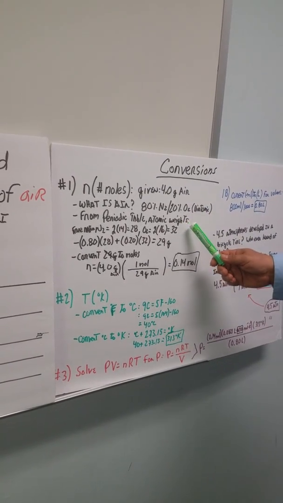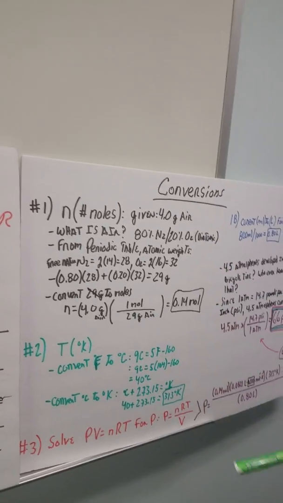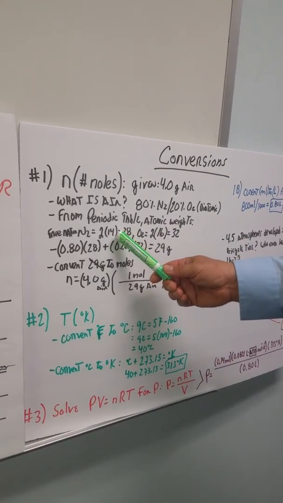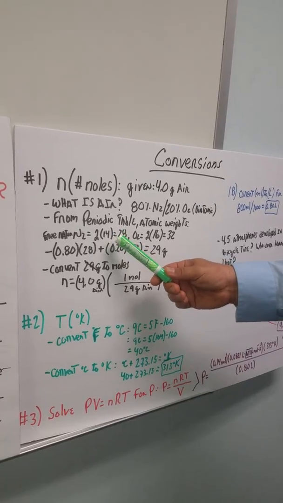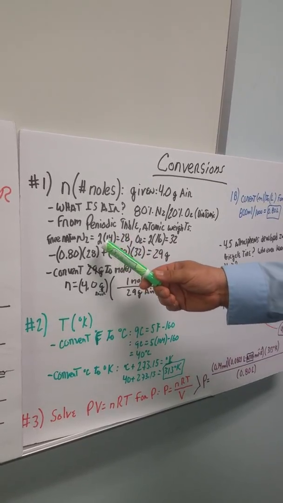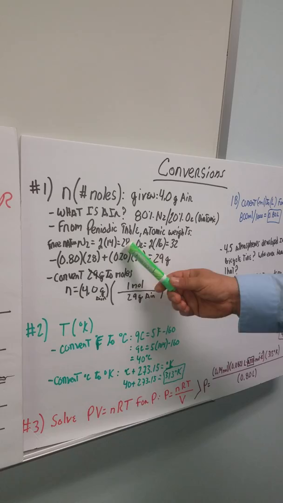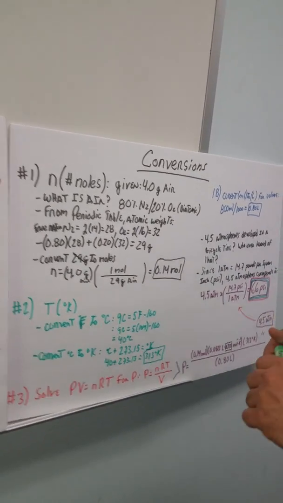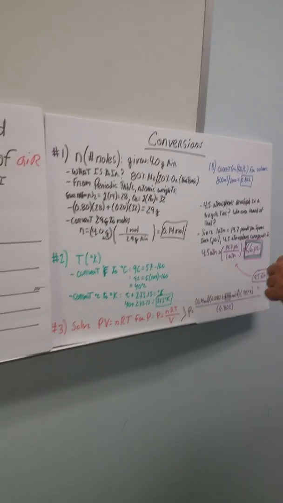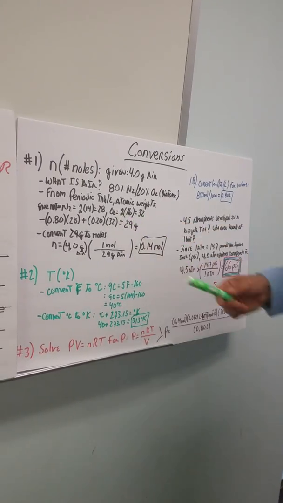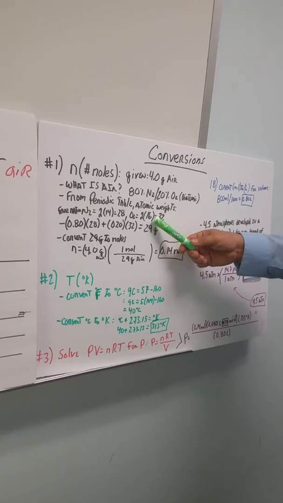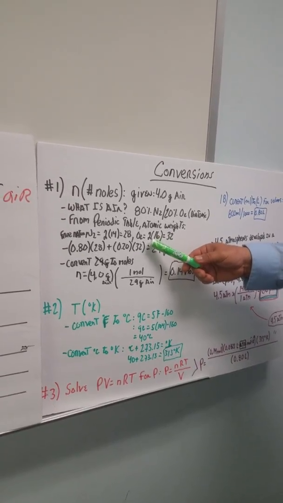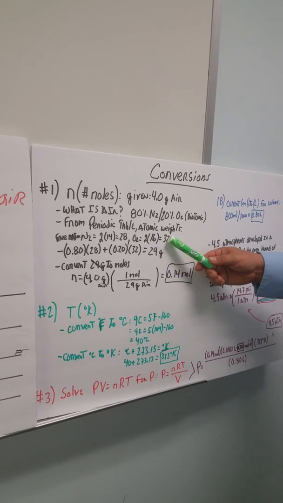From the periodic table, when we look at the atomic weights, nitrogen exists in free nature diatomically, with an atomic weight of 14 AMU. Diatomically, we multiply that times 2 to come up with 28. That's the mass of nitrogen we're using in this equation. In oxygen terms, the mass on the periodic table is 16, and again it exists diatomically, so 2 times 16 is 32.